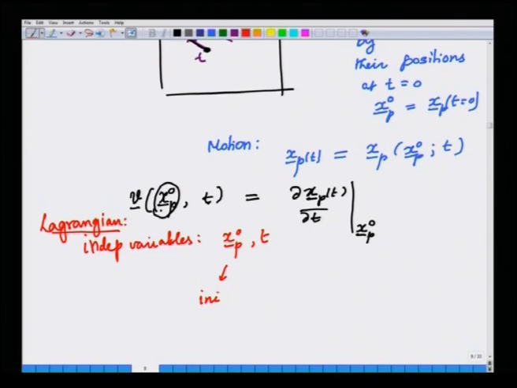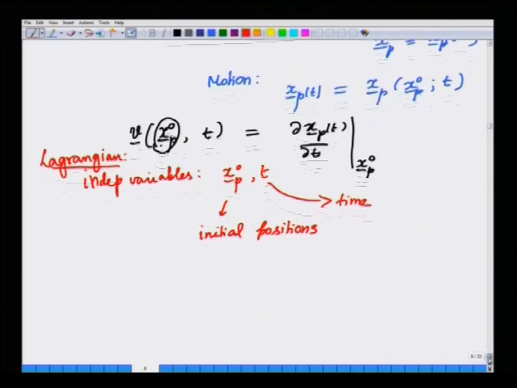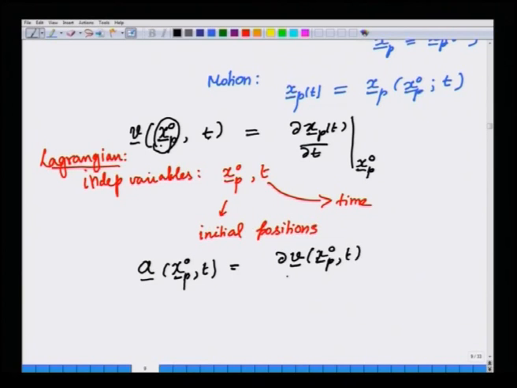These initial positions of various fluid particles serve as their identity, as a label, and time. You can also calculate the acceleration of a fluid particle at time t, which is nothing but the rate of change of its velocity as you keep the identity of the particle the same, and so on.